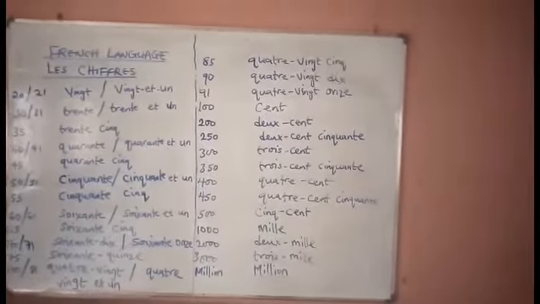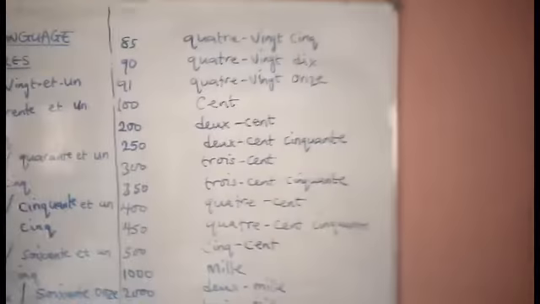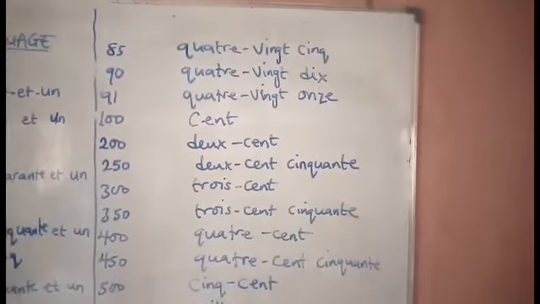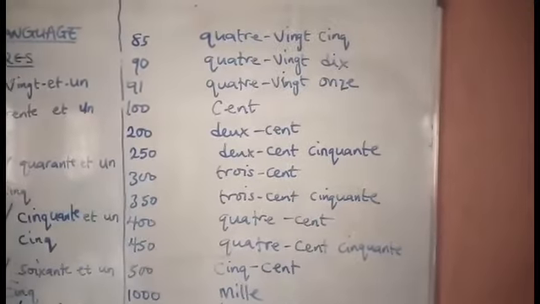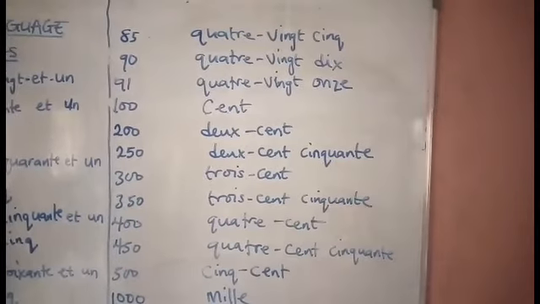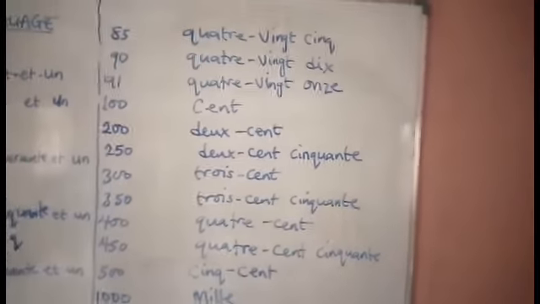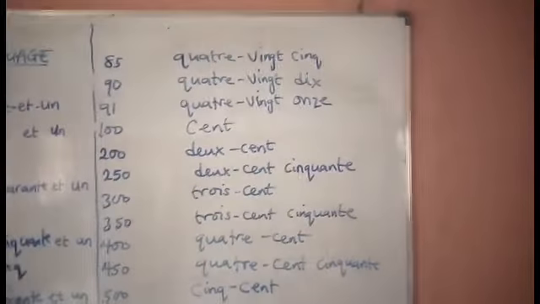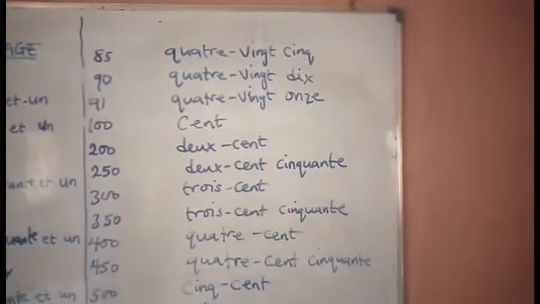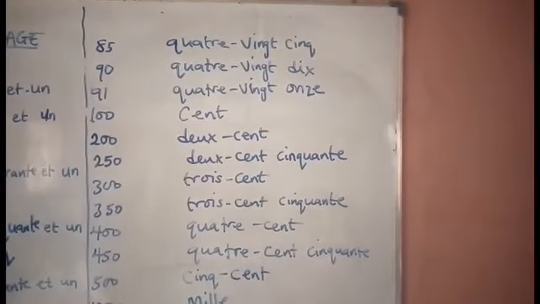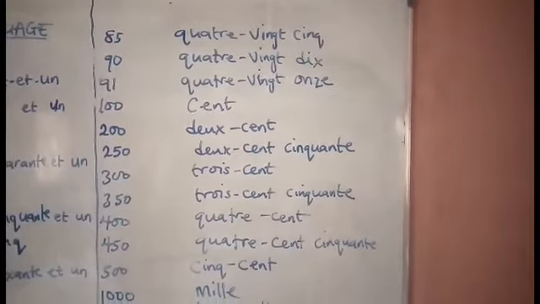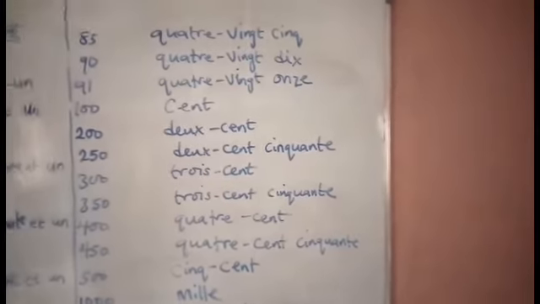And at 90 we have 90. Okay, 90. 4 times 20 with 10. When you add 10, you have 90. For 4 times 20 plus 10 is 90. And when you're running from 91, you have 91.